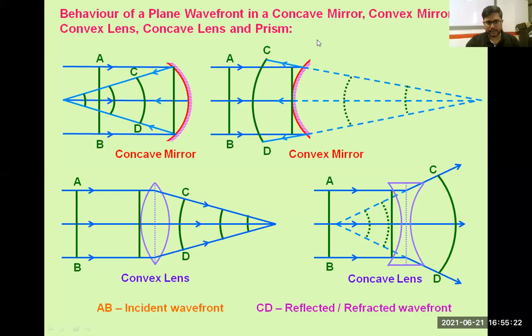Okay, I think you are too quick. Let me wait for some more 1-2 minutes so that others also can draw. How can you draw the diagram so quickly?